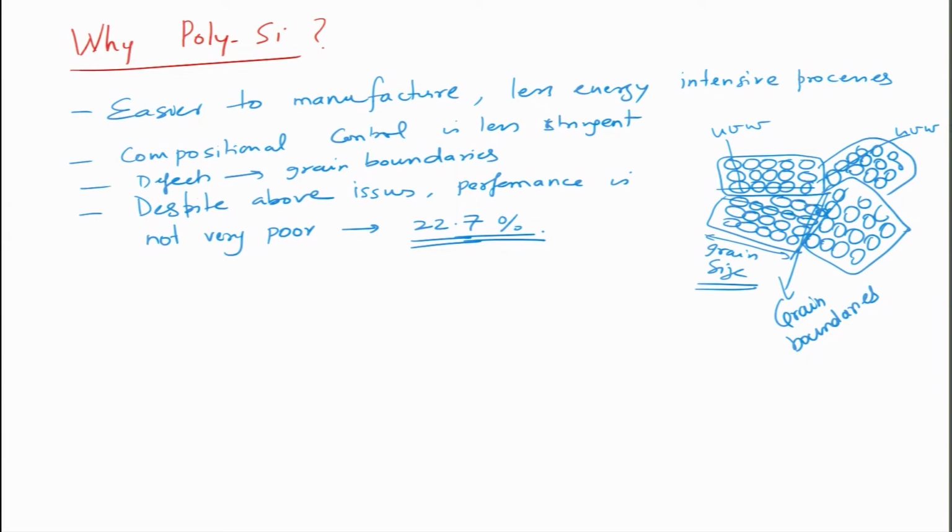Which is comparable, which is not too bad as compared to monocrystalline silicon solar cells, given that you achieve much lower cost. And they require better methods for light absorption or trapping.